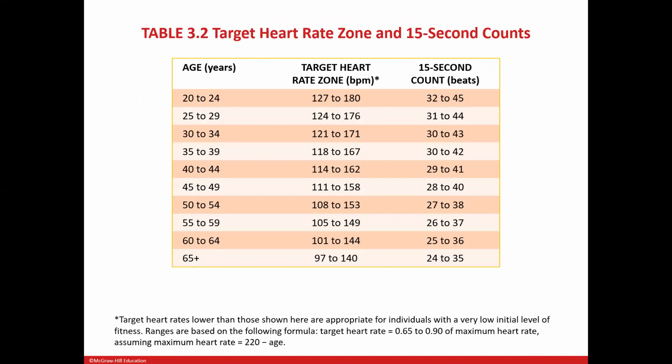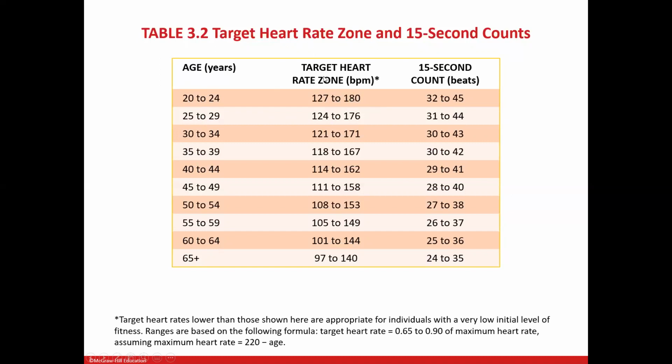So first, let's look at target heart rate zones, which you have probably seen at every gym. This gives you, by age, the target heart rate zone and 15-second counts of beats. So this is where you should check. If you are between 20 to 24 years old, your target heart rate should be between 127 to 180.